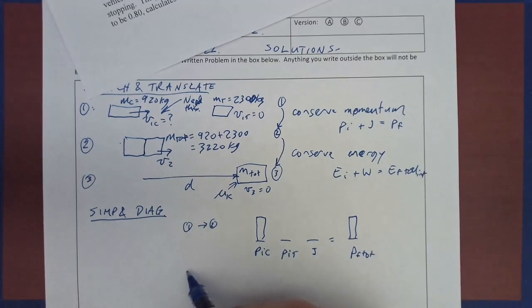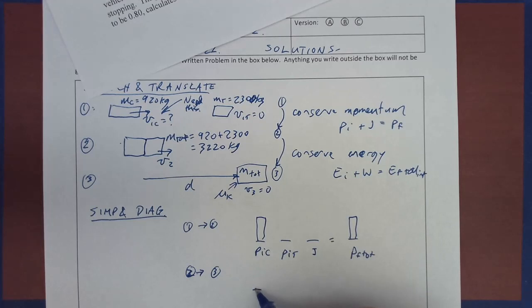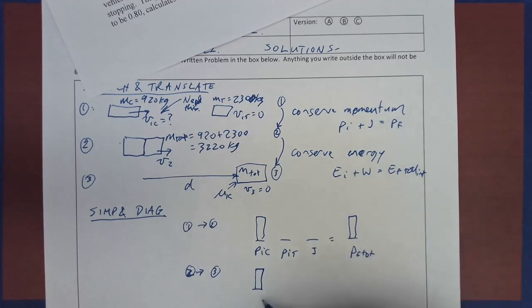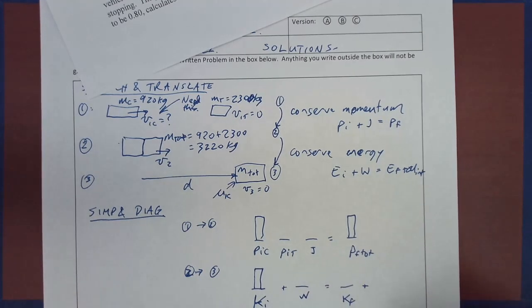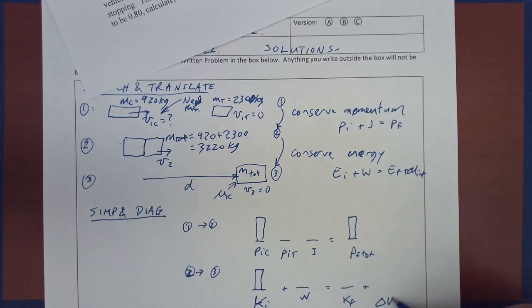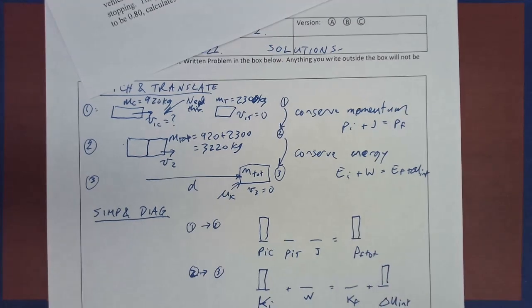And then from 2 to 3, that thing is sliding, so the kinetic energy initial plus the work is equal to the kinetic energy final plus the delta U internal, which is equal to the Fk times d. That's where all the energy goes.